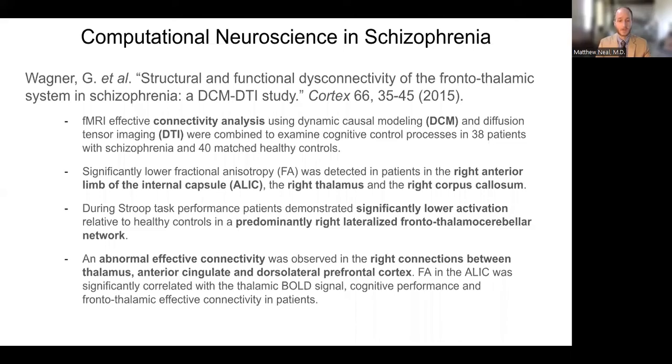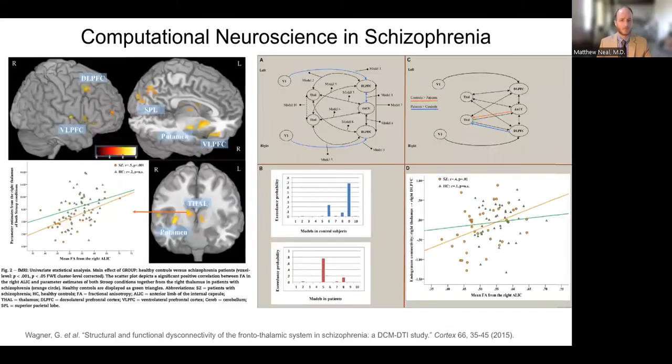They didn't have a good way to fully explain why that might be. But they found there was significantly lower activation in the Stroop task relative to healthy controls in a predominantly right lateralized fronto-thalamocerebellar network. So pretty cool here. And of course, they're using dynamic causal modeling to help build their models.